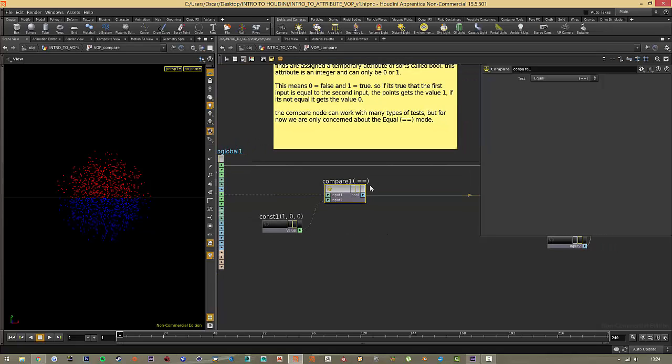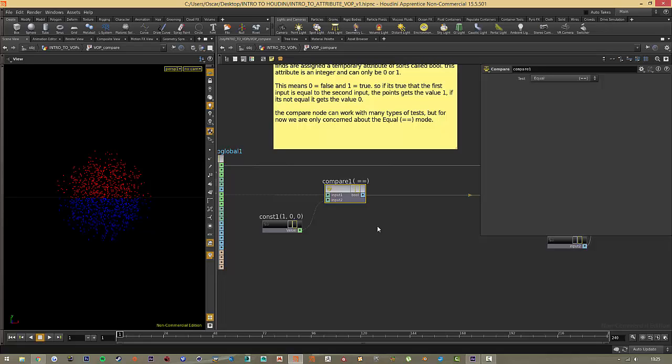The only thing that this compare node is going to do is add a Boolean value to these points. And Boolean value might be a little bit hard to understand. You can look it up on Wikipedia or whatever. But a Boolean is basically a statement that something is true or false. And how Houdini does this with the compare node is that if something is false, it gets the number 0.